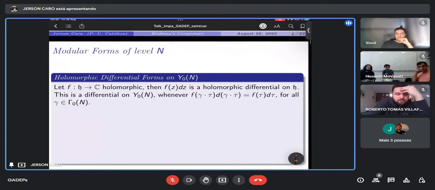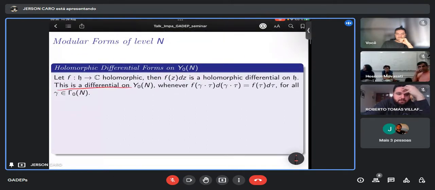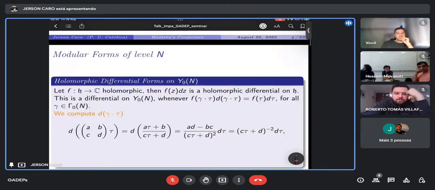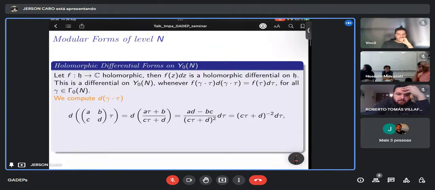What we need in order to get a differential on Y_0(n) is that it is invariant under the action of Gamma in Gamma_0(n). So we need this relation, and if we compute d of gamma tau, we get this relation.